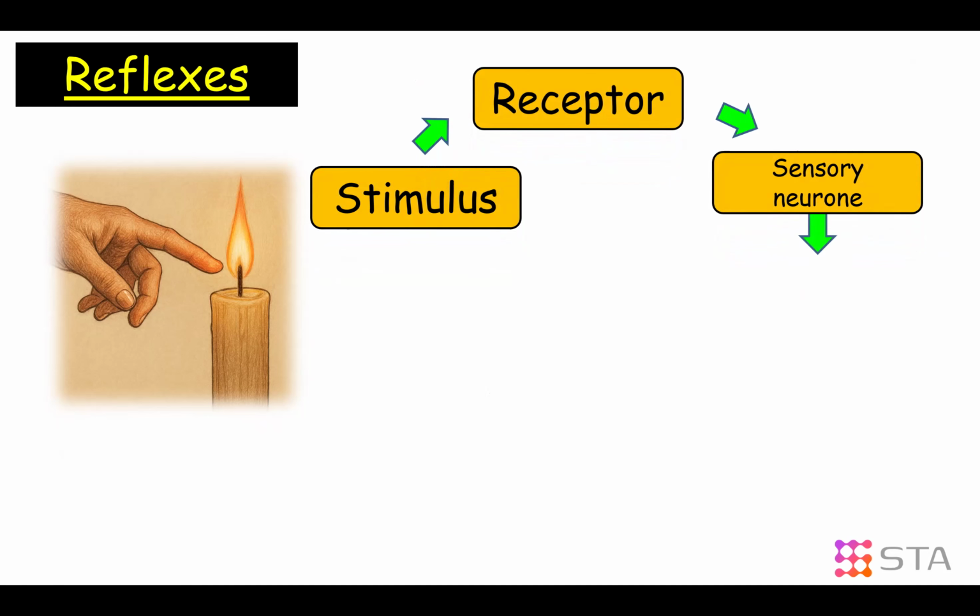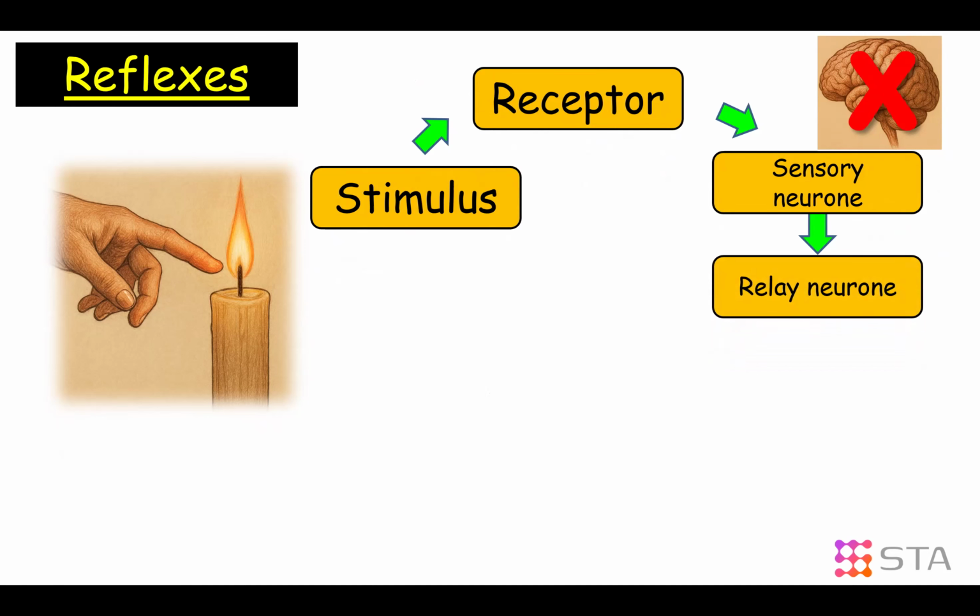The receptor sends electrical impulses down a sensory neuron, or a long sensory neuron is another way of saying it. That passes the electrical impulses to a relay neuron. It doesn't go to the brain first of all, it goes to the brain after, because you want to pull your hand away from the flame, not stand there thinking, do I pull my hand away or not? So the electrical impulses go from the sensory neuron straight into the relay neuron, to the brain afterwards, and then to the motor neuron.